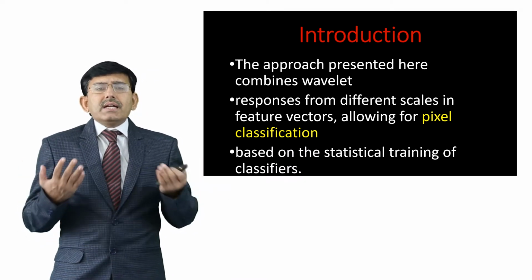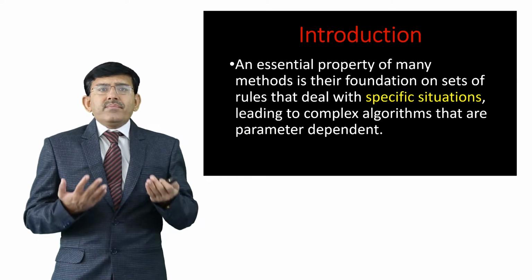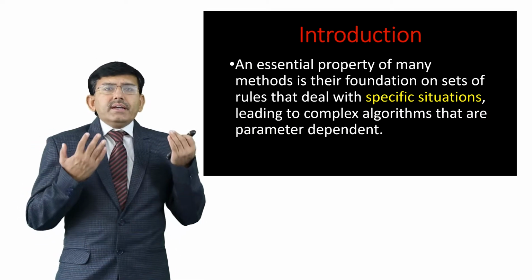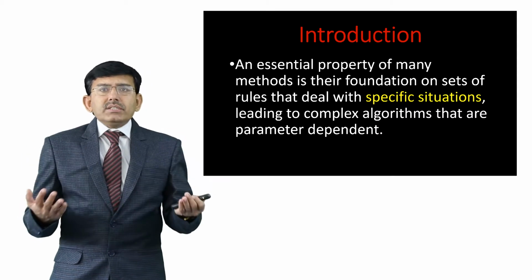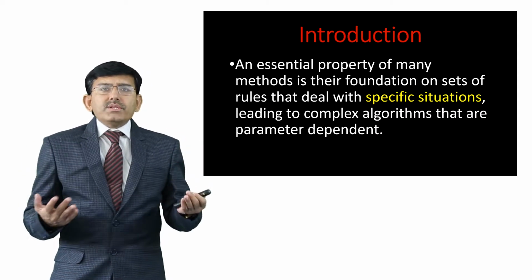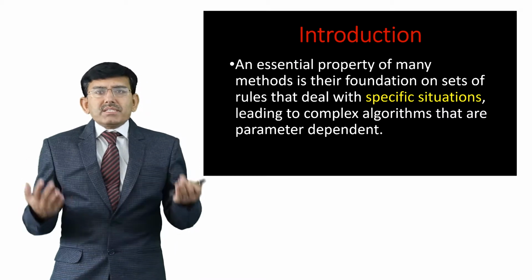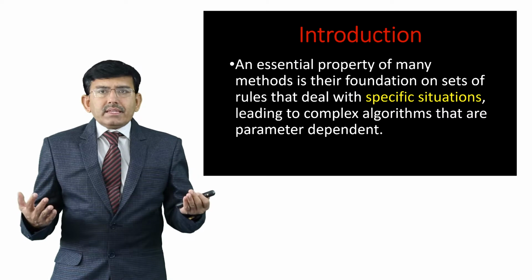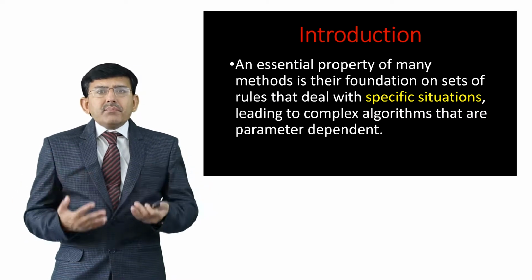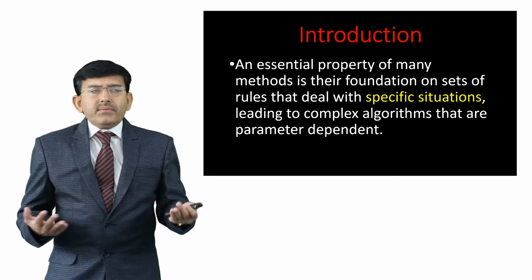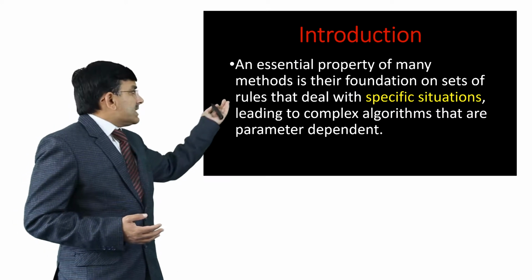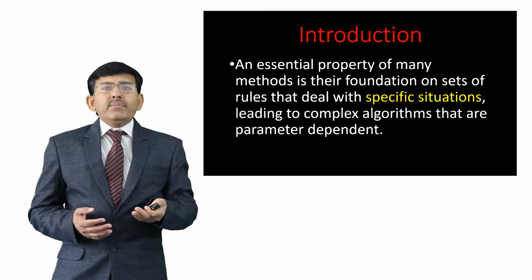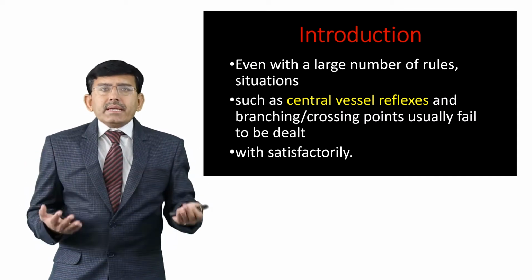on statistical training classifiers. An essential property of many methods is their foundation on a set of rules that deal with specific situations, leading to complex algorithms that are parameter dependent. If the number of parameters increases, the complexity of that automated system will also increase.